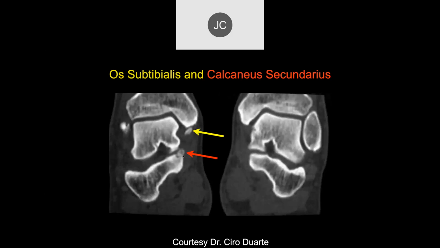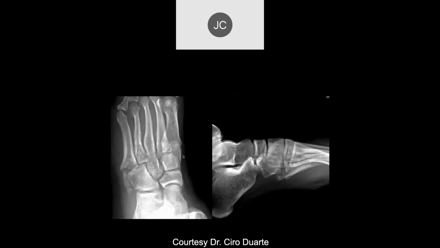I think most of these are dystrophic calcifications which ossify from injuries to the deep deltoid ligament. That's just my bias, as you guys can tell. And then the calcaneus secundarius could be due to trauma or could be congenital.